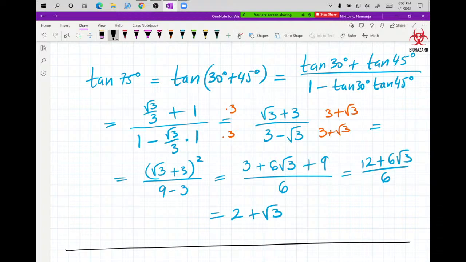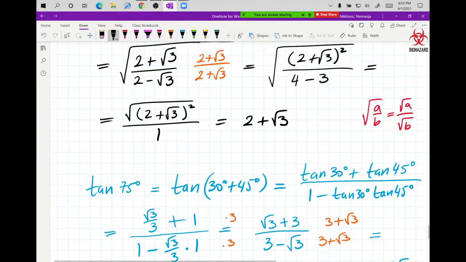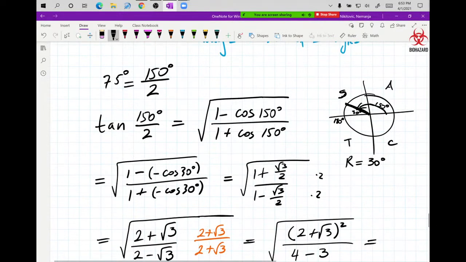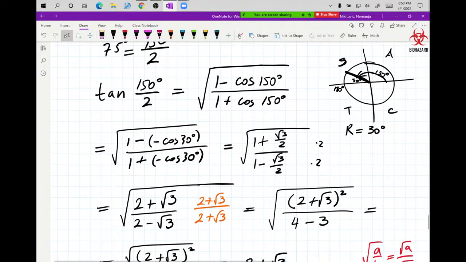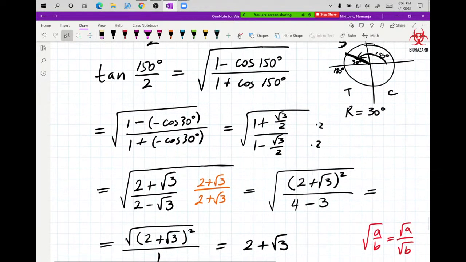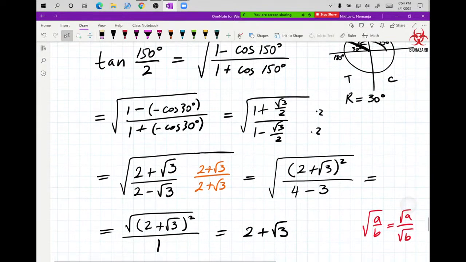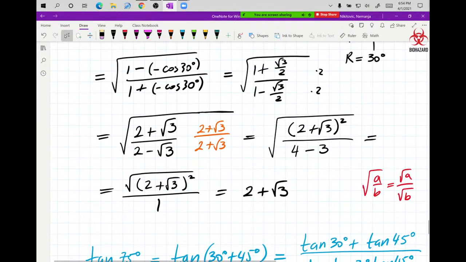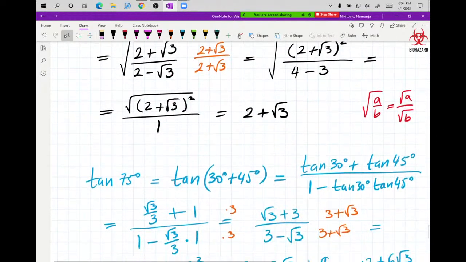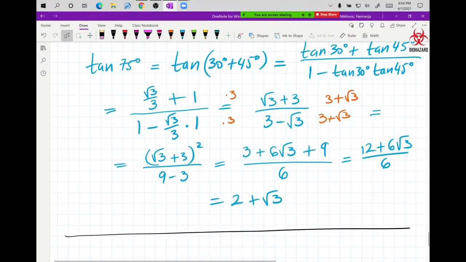So in some cases you have to use the half angle formula, but in this particular case, we can do both. And it was a good exercise. I mean, this is more algebra than anything else. It's just shoveling terms around and remembering the rules of square roots and all of that basic algebra.